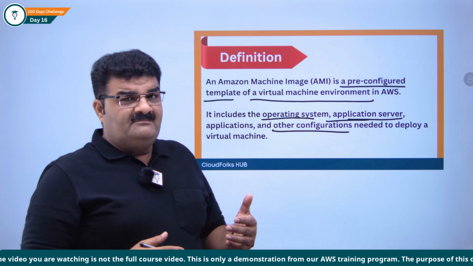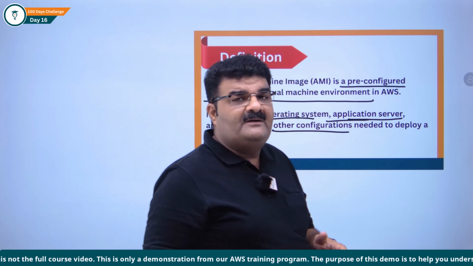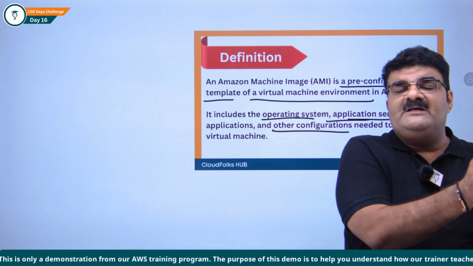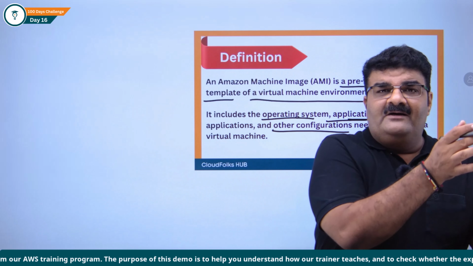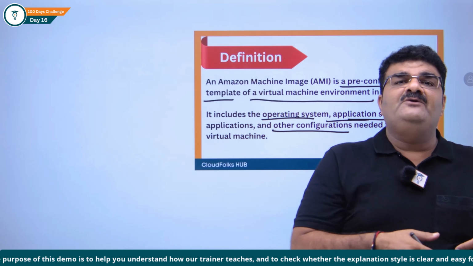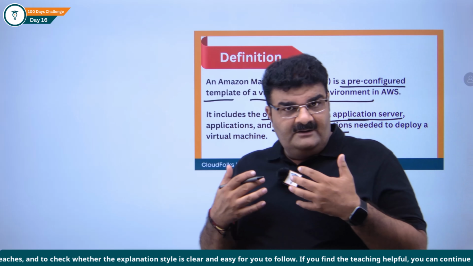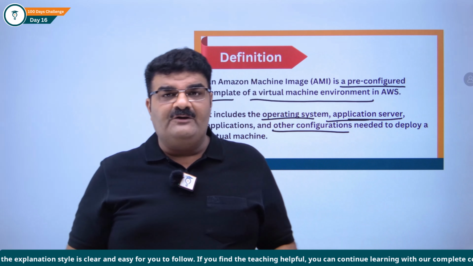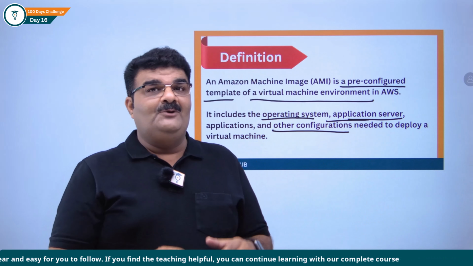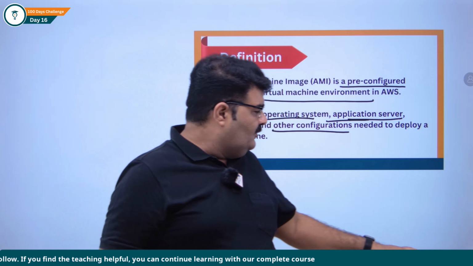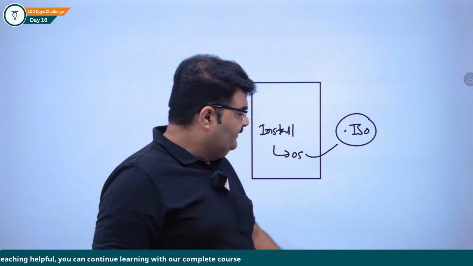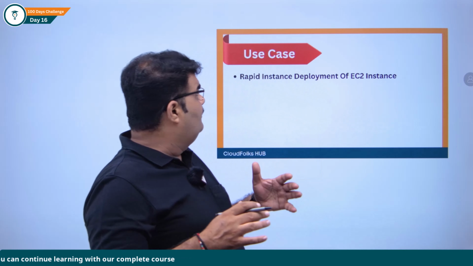For us, the first use case is very simple. Instead of installing the operating system using the traditional way, here we have an AMI, and using this AMI we are installing the operating system. But no, there are many use cases of AMI. Now let's discuss all of this.